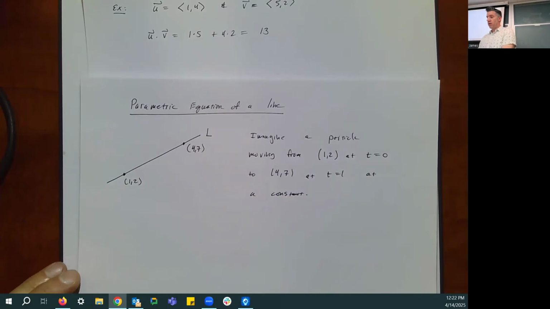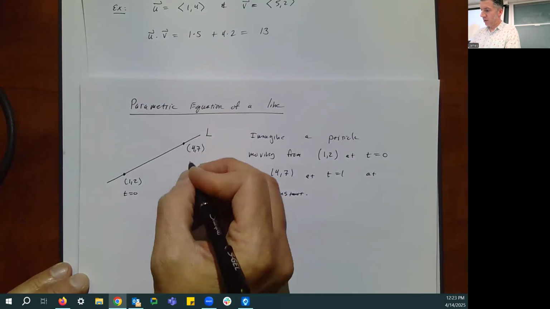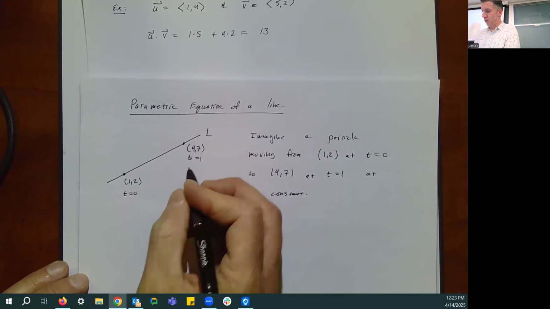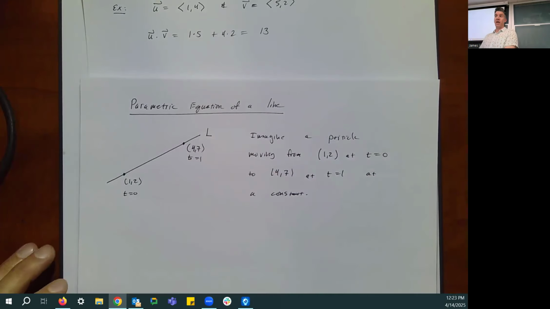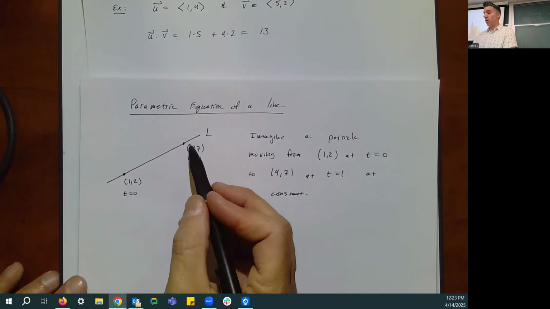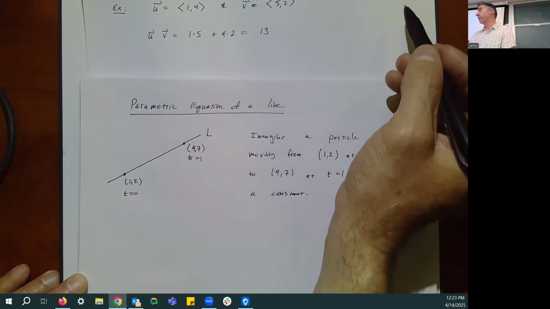So basically, from time equals 0 to time equals 1, I'm going to move over 3 and up 5. And then if I went to time equals 2, I would do it again. I'd go over 3 and up 5. And if time was equal to 3, over 3 and up 5 again. I would keep doing that.